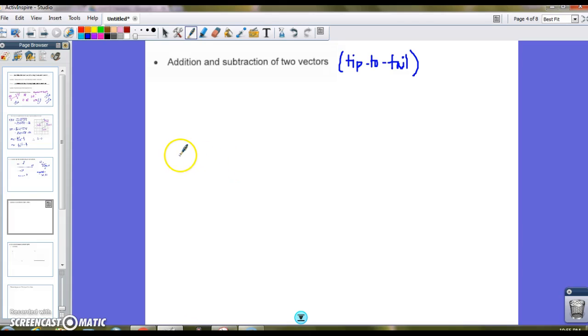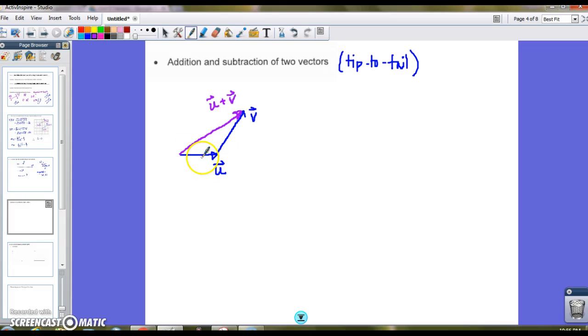If I have this vector U, and this is my vector V, then this vector here is U plus V. It's tip to tail because once you have one vector, you start the tail of the second at the tip of that vector. So that's why it's called tip to tail.